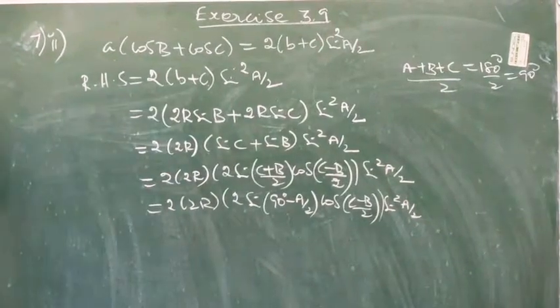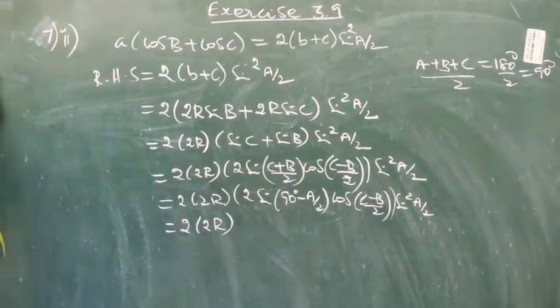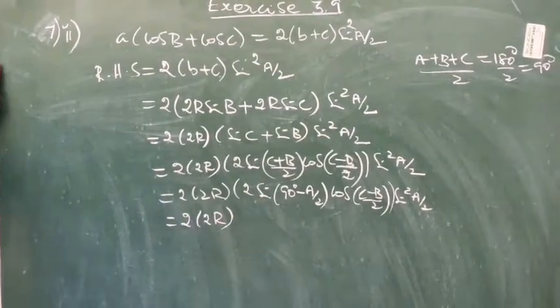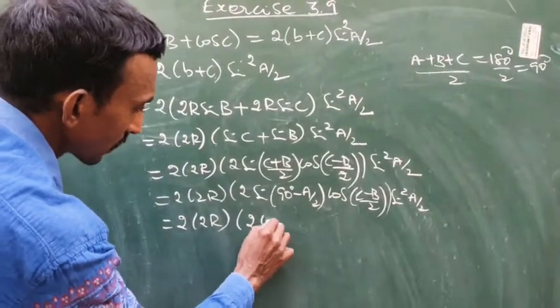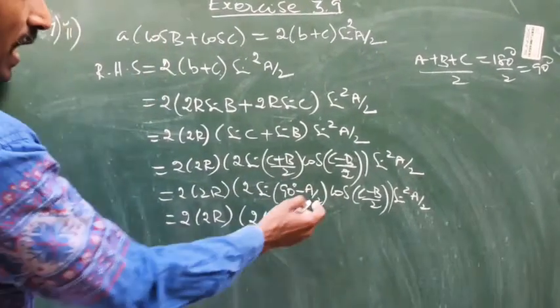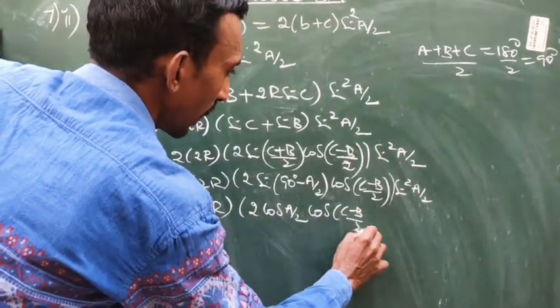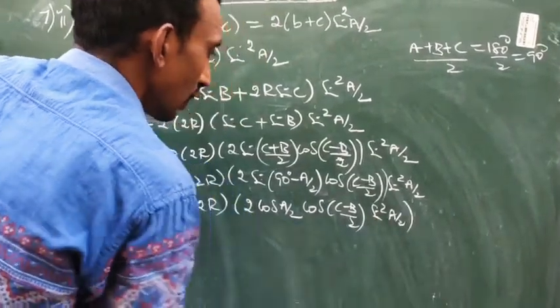So 2 into 2r, why I am writing 2 into 2 means we are going to cancel it later. Okay. So it is cos A by 2, sin 90 minus theta is cos theta, cos C minus B by 2, okay, into sin square A by 2.